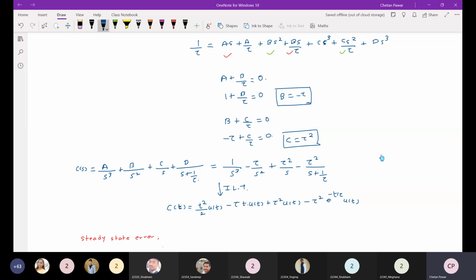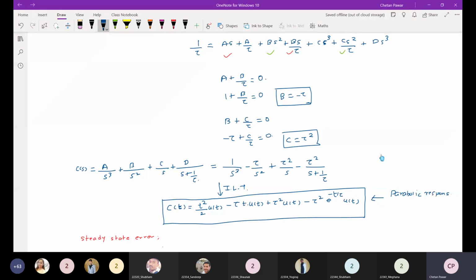Okay, have you understood this inverse Laplace transform of each term? We have taken the Laplace transform, right? Yes, sir. So this is the parabolic response for the first order system when you apply the unit parabolic signal.